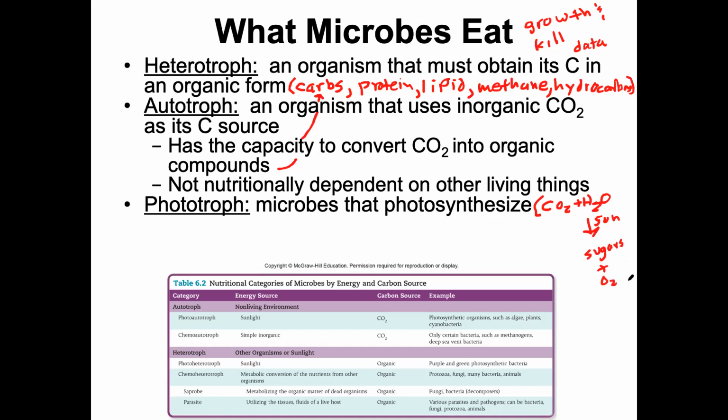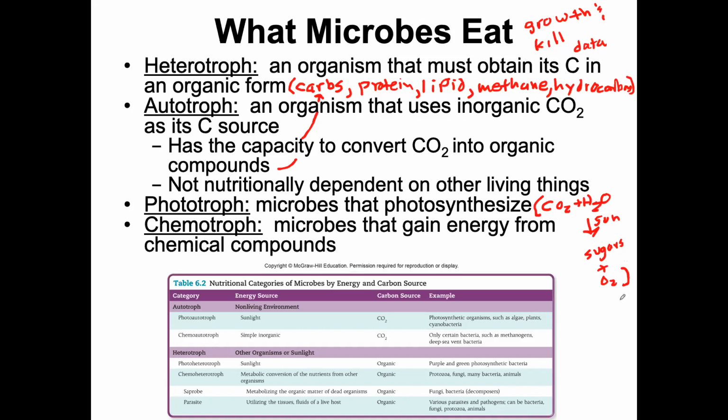That's photosynthesis. The chemotroph gets energy from certain chemical compounds that would substitute for, in this equation, the energy from the sun. So a chemotroph, for instance, might be able to pull energy from certain pure metals to do this. So it's interesting that bacteria can do tricks that we can't.